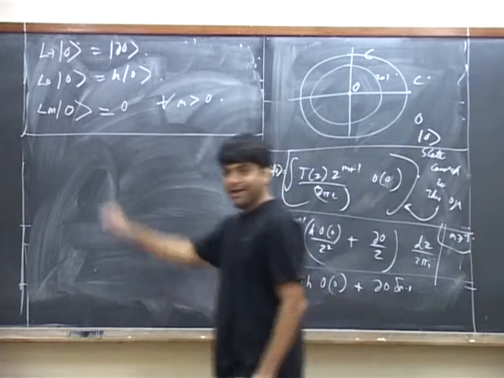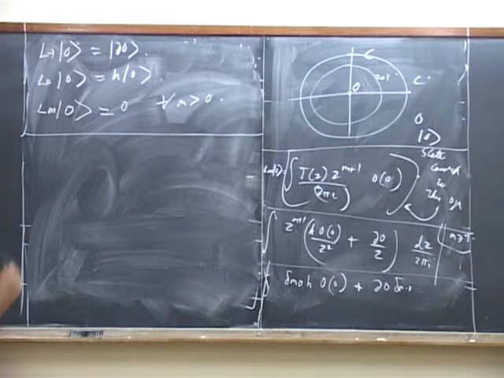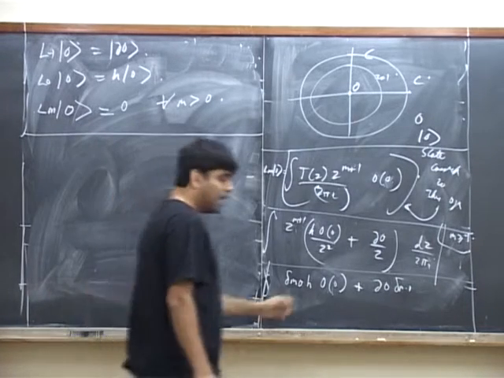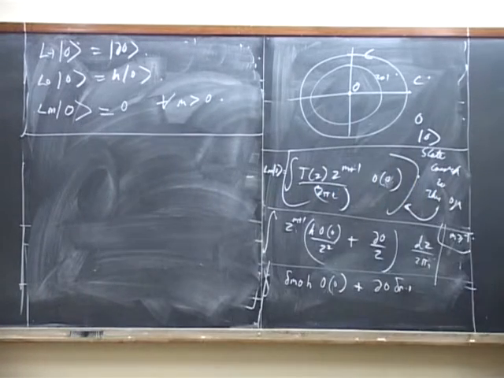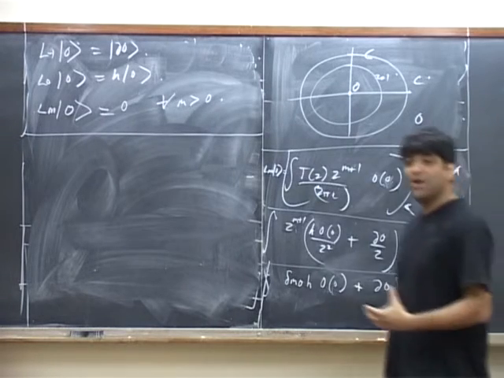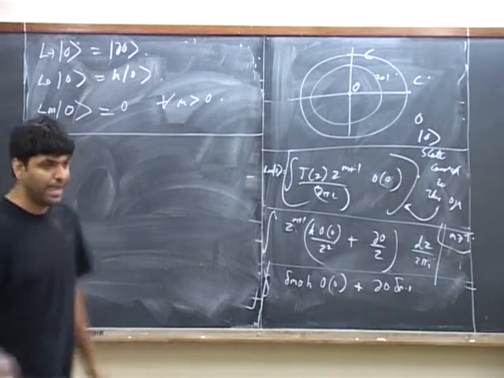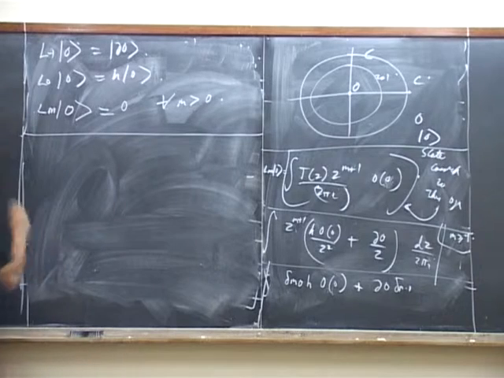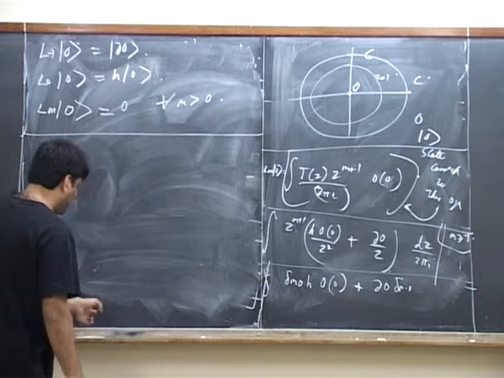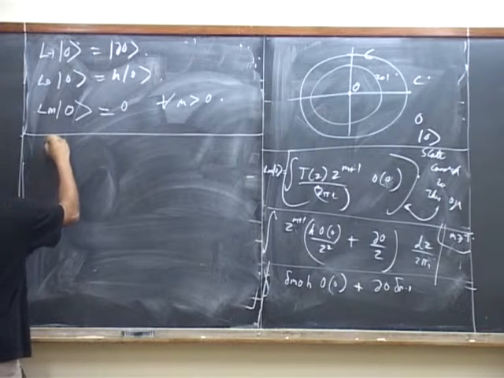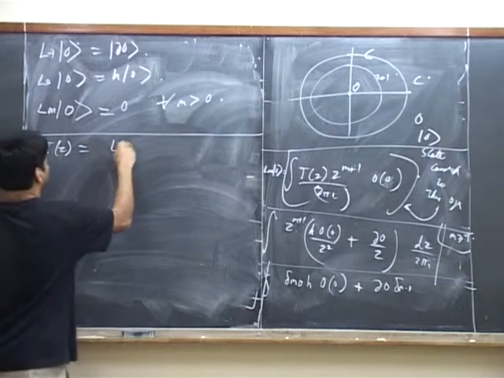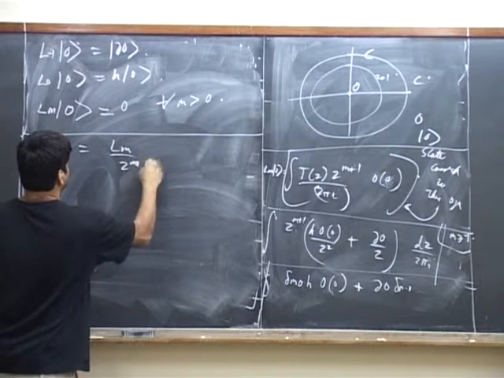Now this is a very interesting statement. In order to understand what its physical implications are, I'm going to ask you to remember what these Ln were on the cylinder. Remember that we had T(z) equal to the sum over n of Ln over z to the power n plus 2.